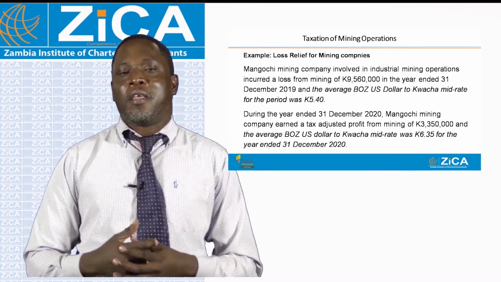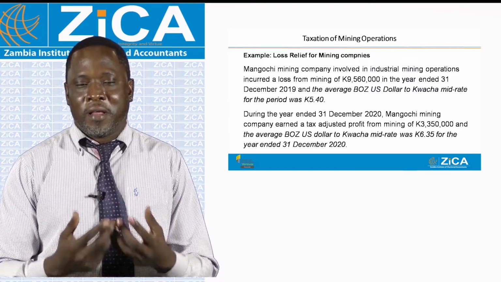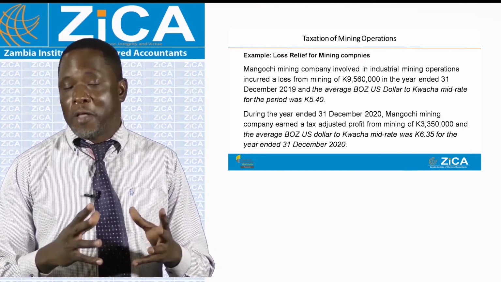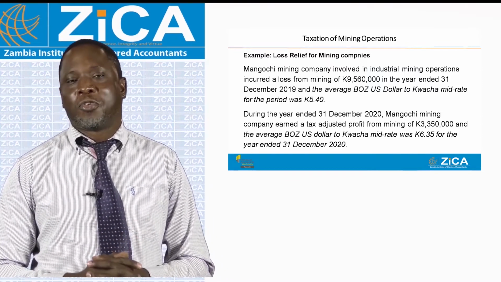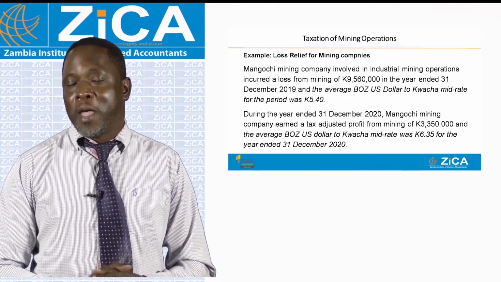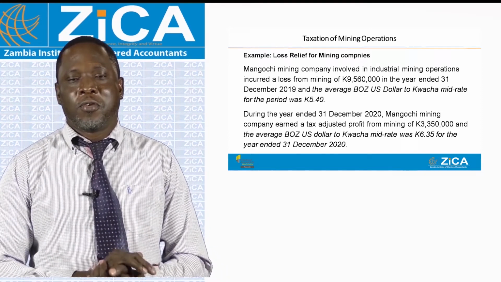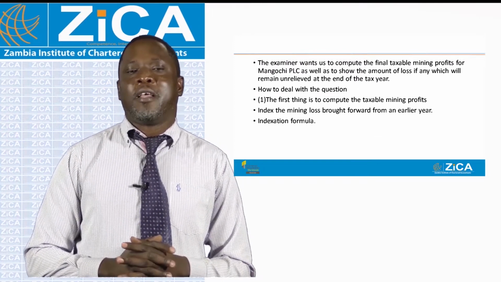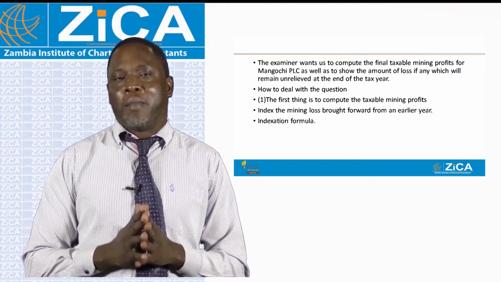Here, the examiner wants us to compute the final taxable mining profits for Mangochi PLC, as well as to show the amount of loss, if any, which will remain unrelieved at the end of the tax year. So how do you deal with such a question? The first thing is to compute the taxable mining profits.